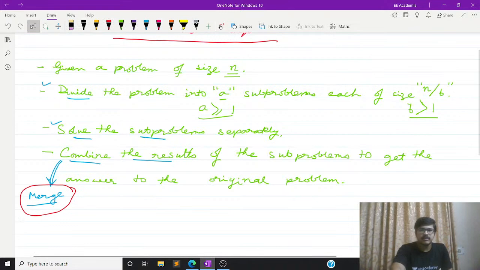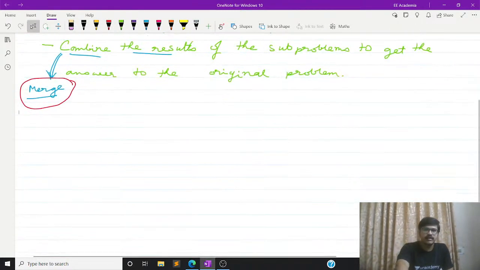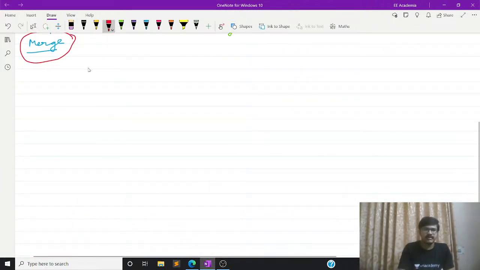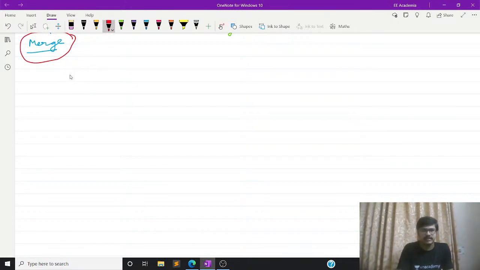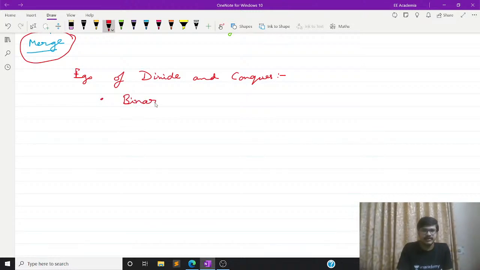Okay. If we have understood this, let's see some classic examples which you might know. I will not discuss the techniques, but I will just write the names. Some classic examples of the divide and conquer technique would be binary search, which everyone will know, I guess.